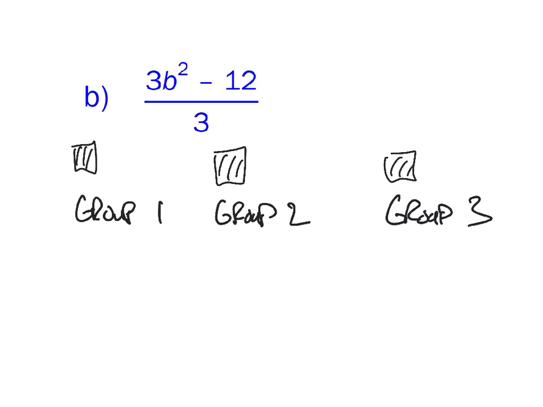I've drawn all my big shaded squares. So then I'm going to do minus 12. How do I draw out minus 12? 12 unshaded small squares. So we're going to count to 12. 1, 2, 3, 4, 5, 6, 7, 8, 9, 10, 11, 12.